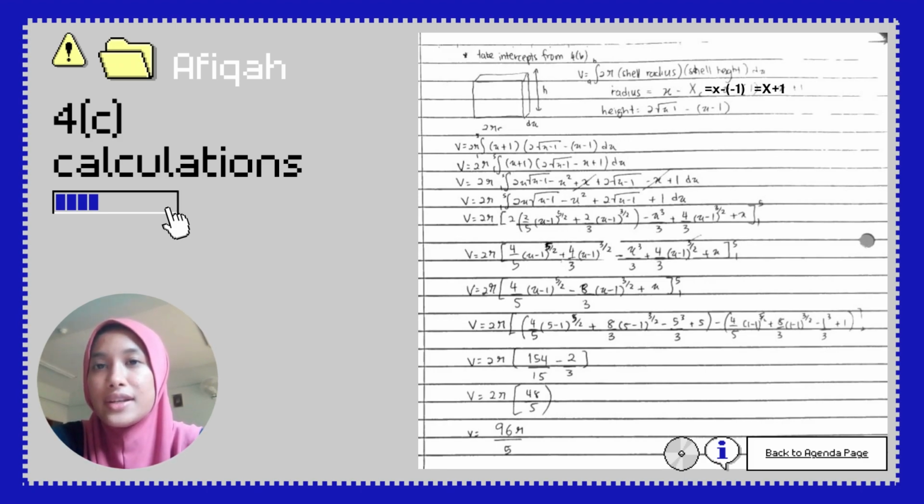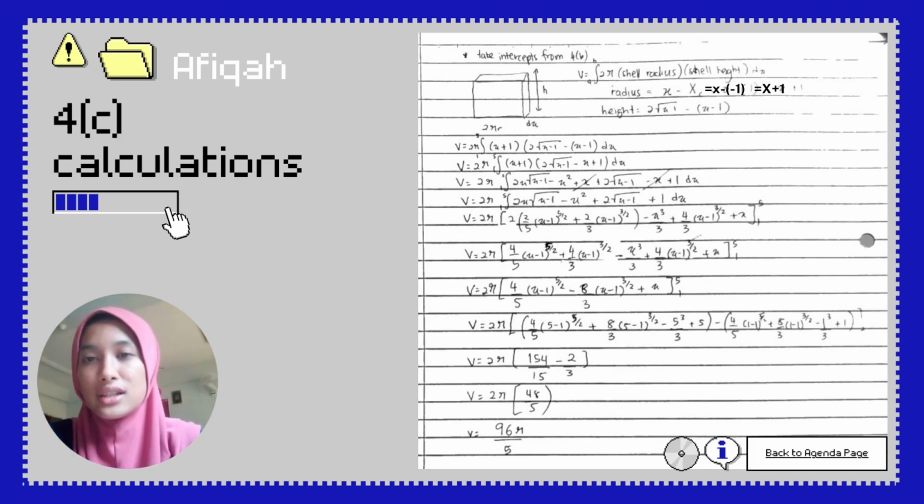Using this radius and height in the formula, the volume is V equals 2 pi integral from 1 to 5 of (x plus 1) times (2 square root x minus 1 minus (x minus 1)), and then 2 pi integral from 1 to 5 of (x plus 1) times (2 square root x minus 1 minus x plus 1) dx, and third, 2 pi integral from 1 to 5 of x square root x minus 1 minus x squared plus 2 square root x minus 1 minus x plus 1 dx.